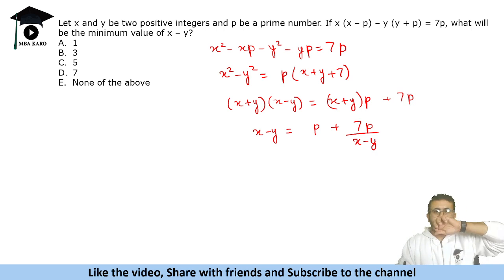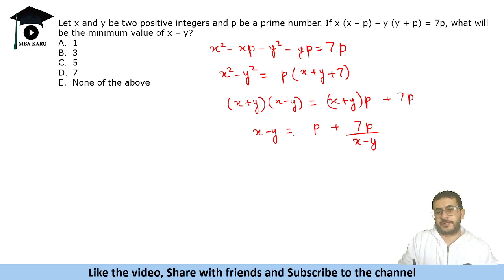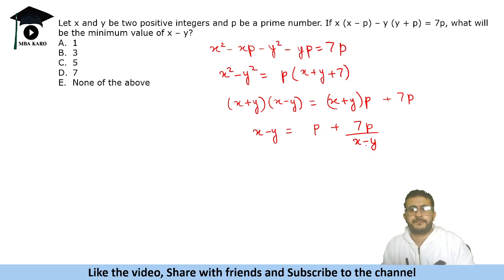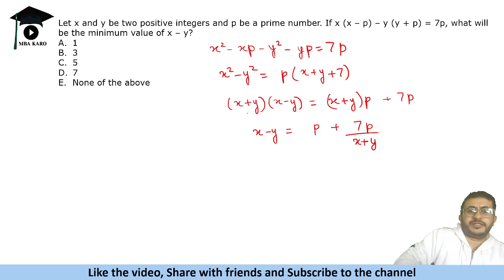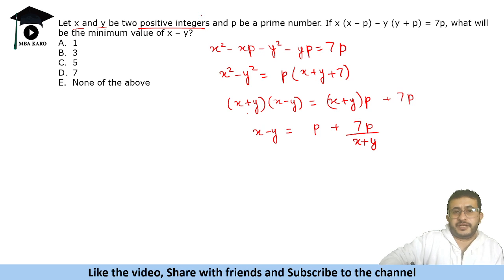Now we need to find the minimum value of x minus y. p is a prime number and x and y are two positive integers. If we take 7p upon x plus y, x plus y is again a positive integer, which should be greater than 1.